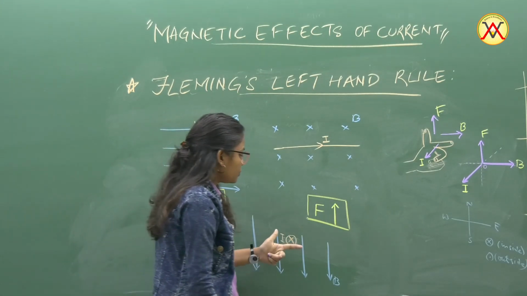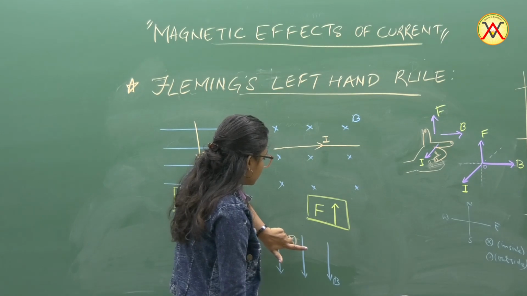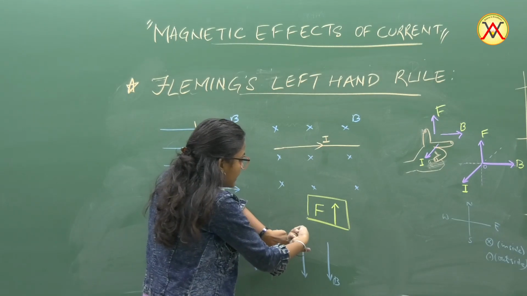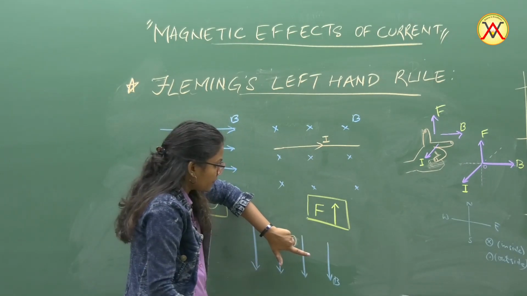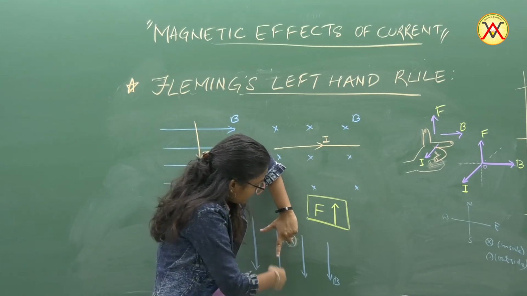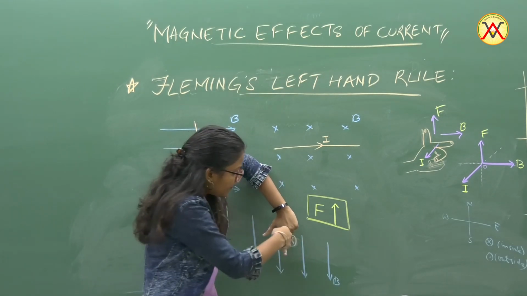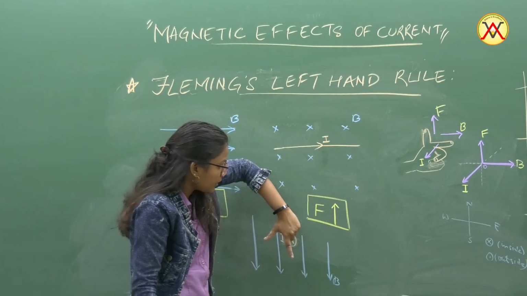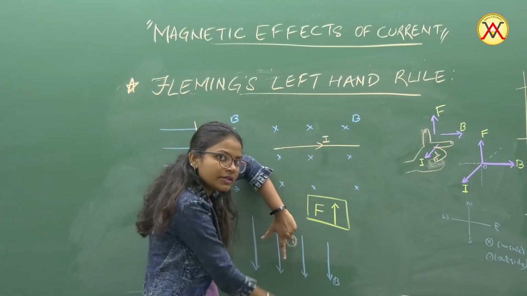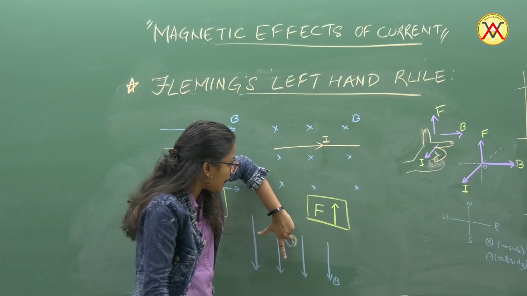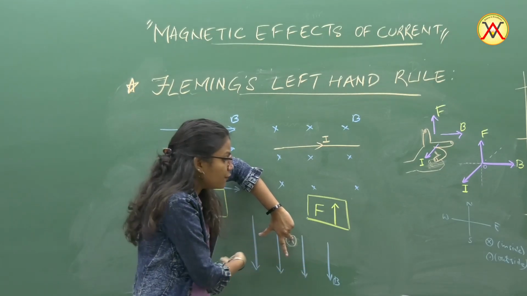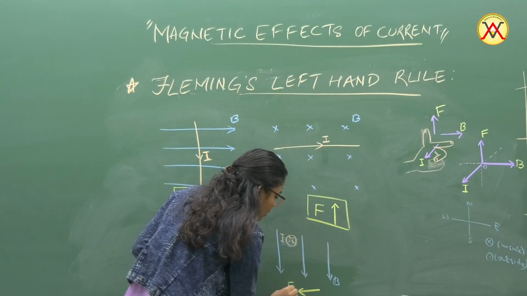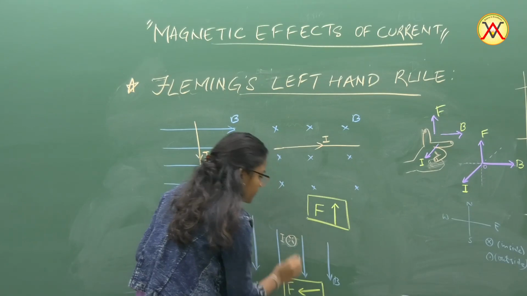I have already noted that current is going in the inward direction. Accordingly, I am rotating my left hand such that my forefinger is pointing in the direction of magnetic field. When current goes inward and magnetic field is in the downward direction or south direction, at that time the direction of our force is in the west direction. So, this will be the direction of our magnetic force.